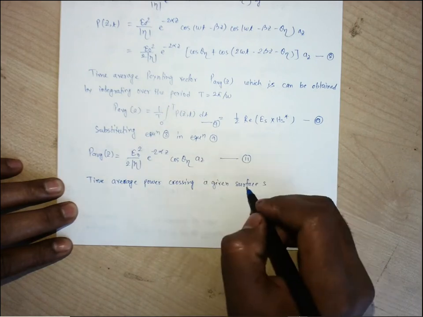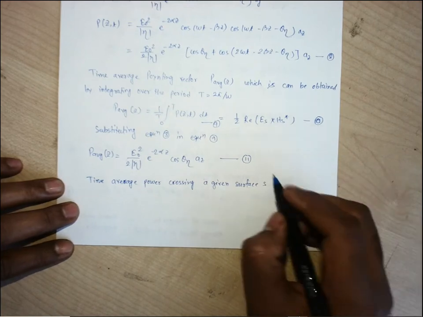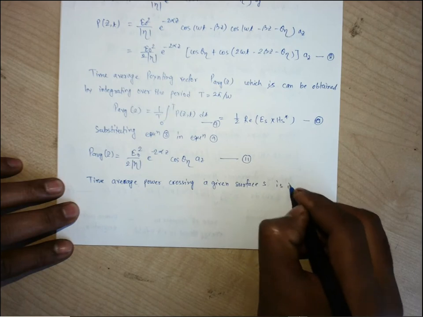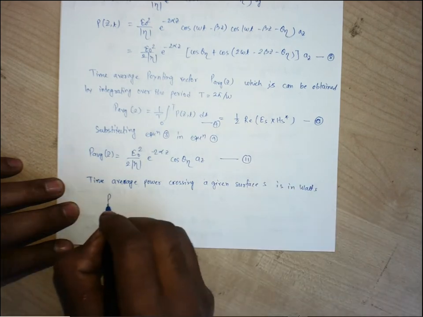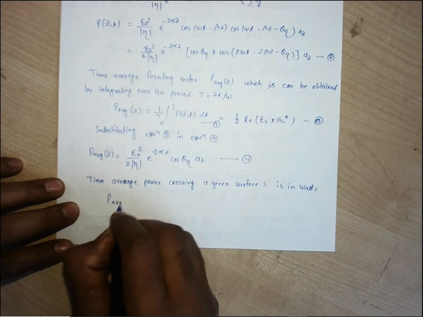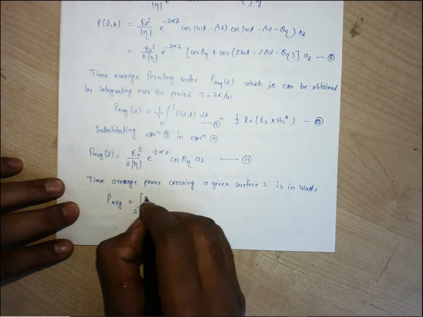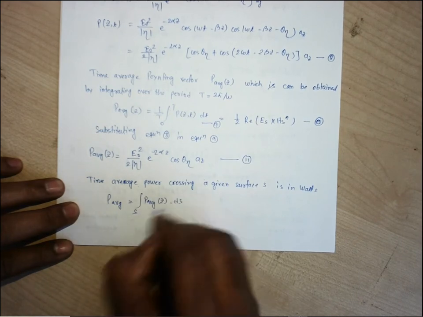Within the given surface it will be in watts, that is P average equals the surface integration of P average z dot ds.